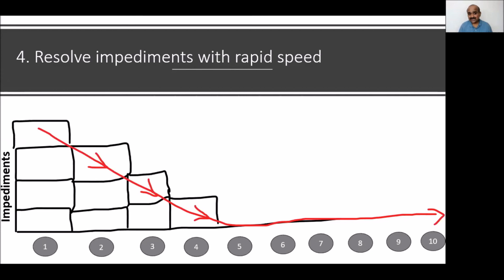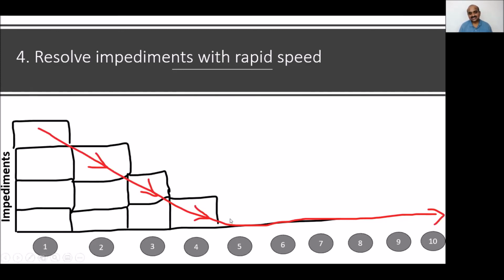See, friends, whatever I'm telling may look a little hypothetical, but I'm telling you, the passion with which you resolve impediments will improve productivity a lot. And just like you maintain a sprint burn down chart for the remaining effort or remaining story points, it's also a good idea to track a burn down chart for the impediments, showing how many impediments are in an open state on each day.